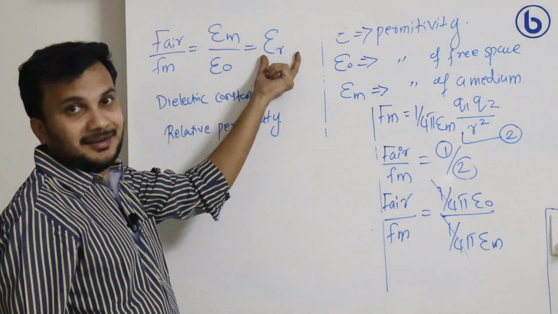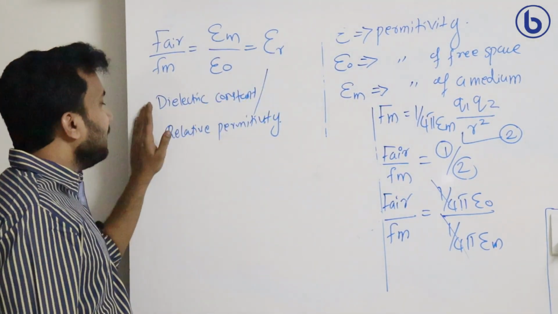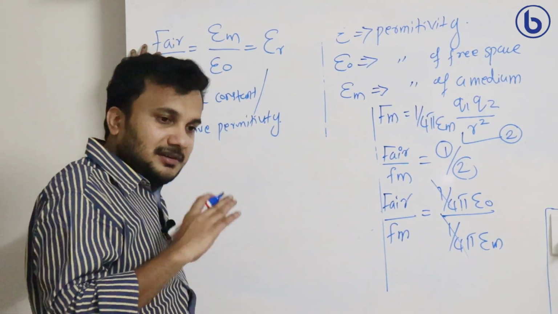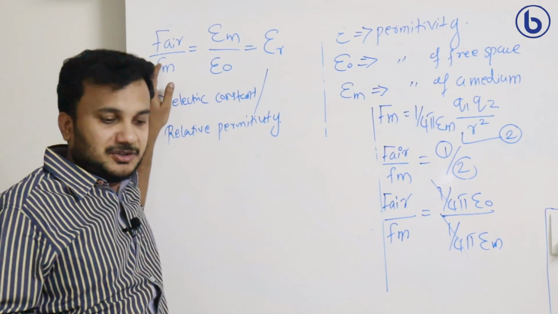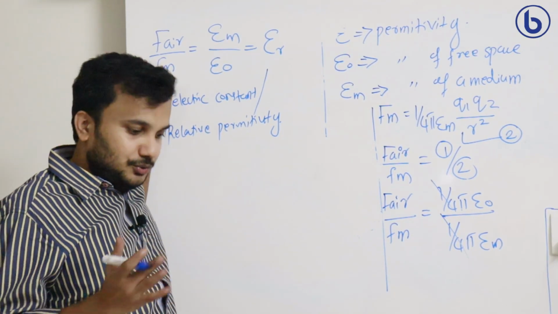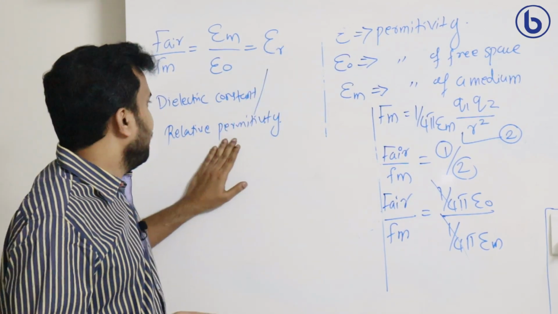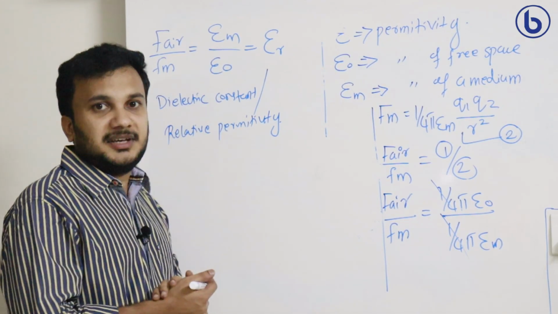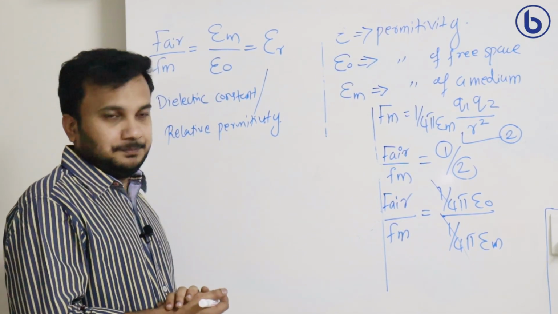This is called relative permittivity. We can also call it dielectric constant, but in the next chapter, electric potential and capacitor, we also learn something called a dielectric constant. So you don't want to confuse between these two terms. So I will always stick with the name relative permittivity, which is epsilon m divided by epsilon 0. This is something called Coulomb's law.